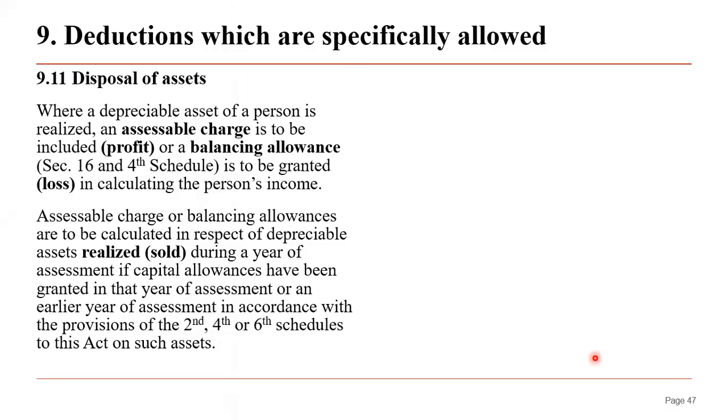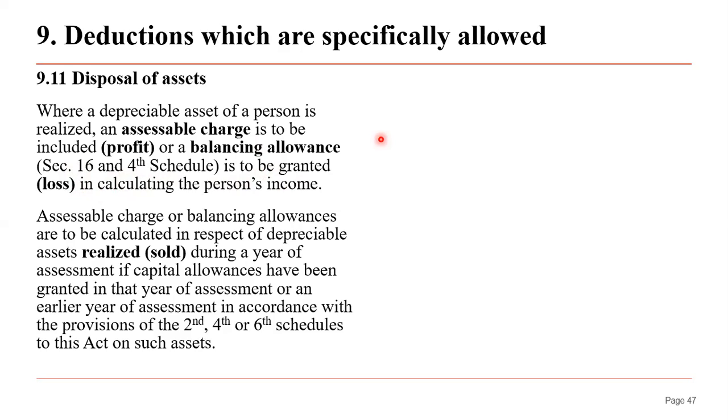Here, disposal of asset, the new concept they have brought into law, even if it is the same method of calculation, the new wordings they have mentioned here: where a depreciable asset of a person is realized, an assessable charge is to be included, that is profit, and also balancing allowances as per section 16 and the 4th schedule is to be granted as loss in calculating person income.